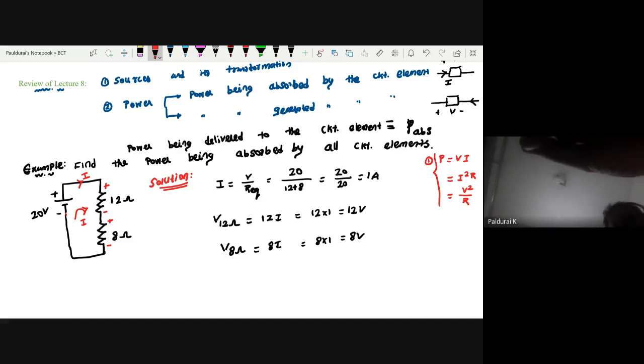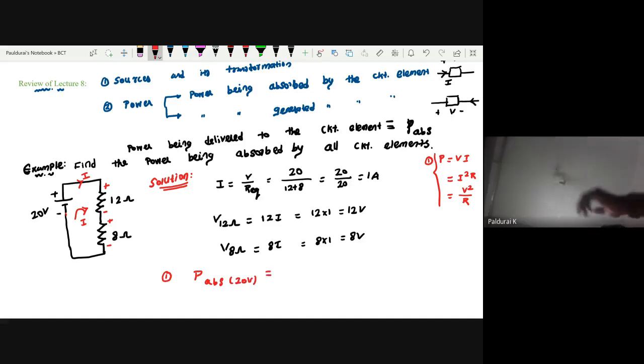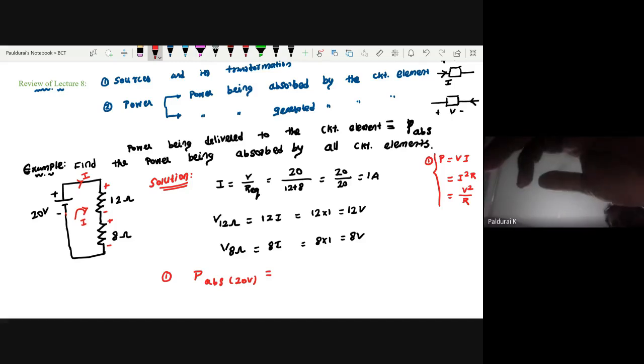Now, what is the power absorbed by the voltage source? First we will take the power absorbed by the 20 volt source. What is the current flowing through the 20 volt? Guys, are you with me?